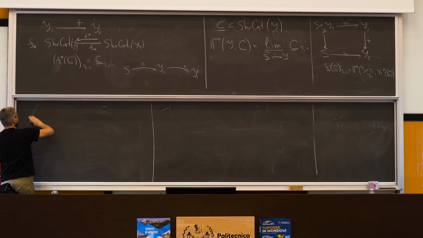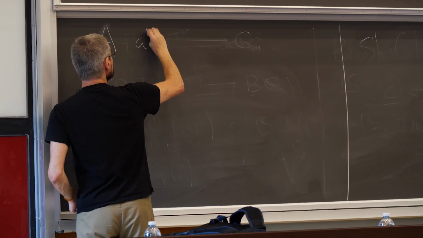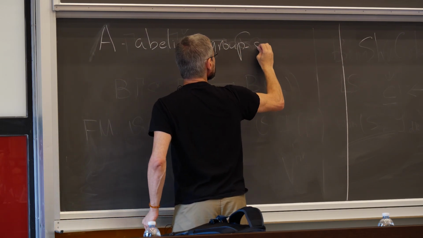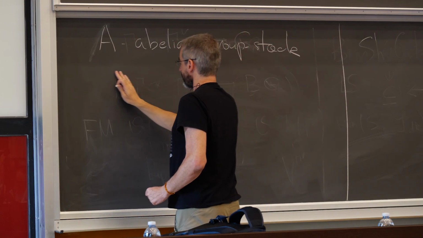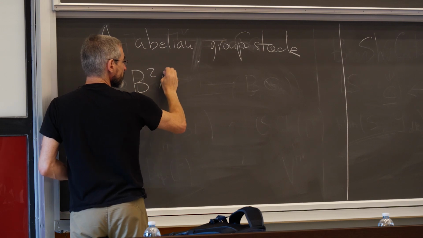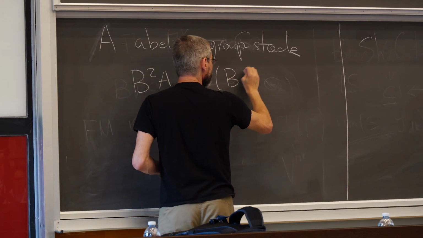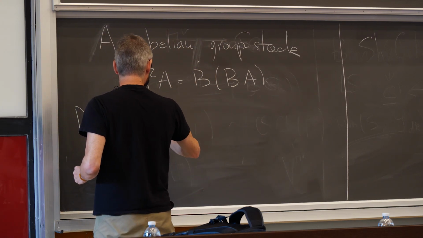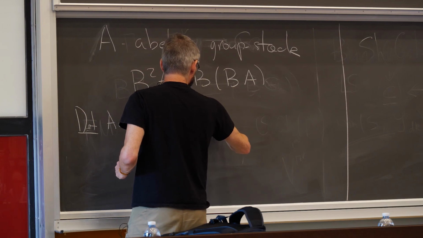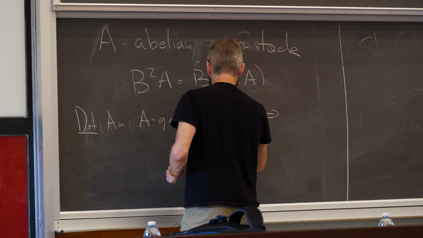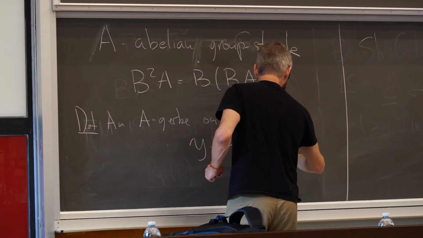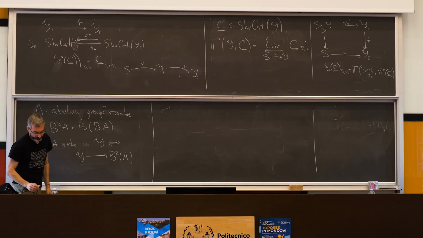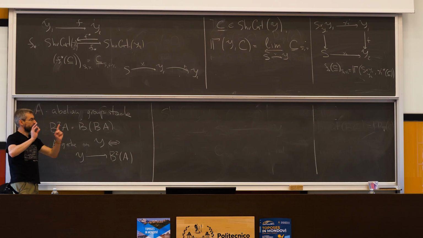So if A is an abelian group stack, you create B to A, which is B of A. By definition, an A gerb on Y is the same thing as a map from Y to this B to A, sheafified in your favorite topology. So these are gerbs.